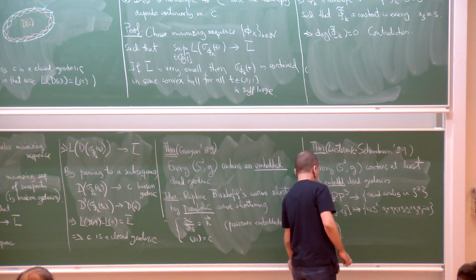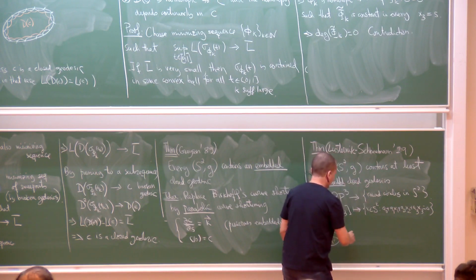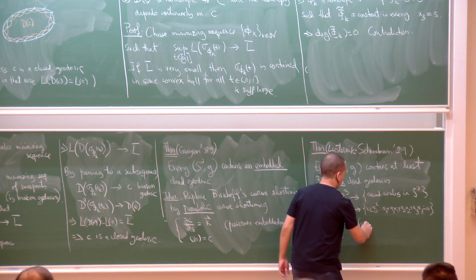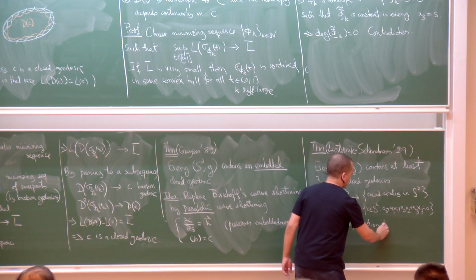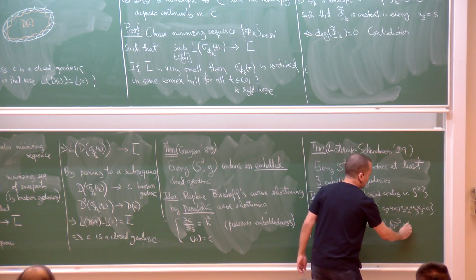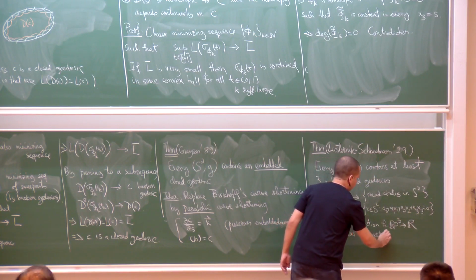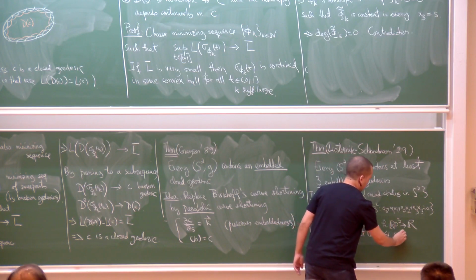And actually there is a theorem by Lusternik-Schnirelmann that says that the basic fact here is that any function, say h, from RP3 to R, has at least 4 critical points.